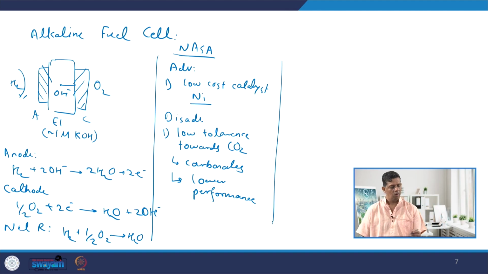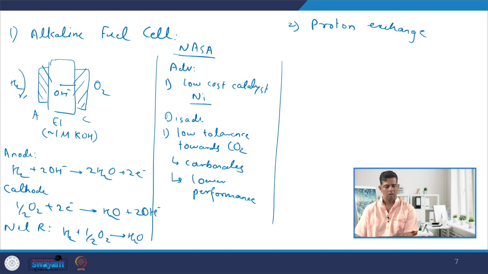We have already gone through this first one; the second one we have also gone through. Let me put on membrane fuel cells. They are also abbreviated as PEMFCs.